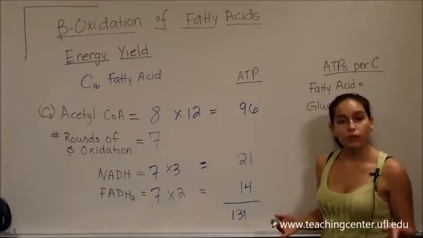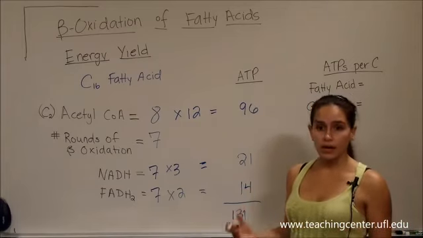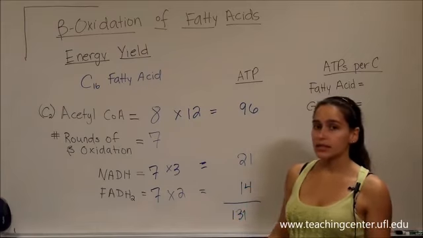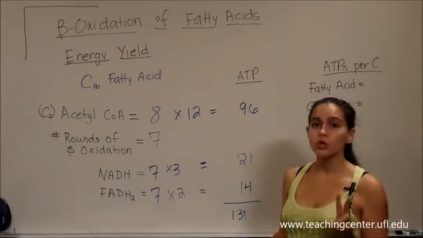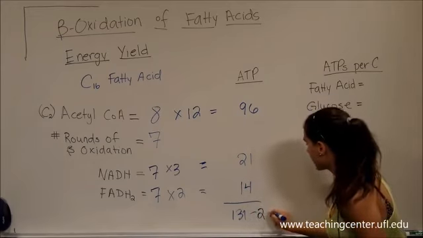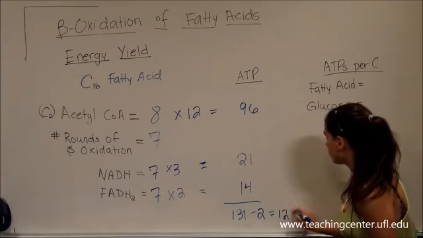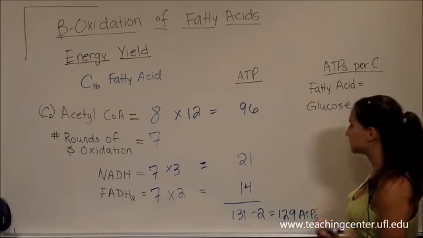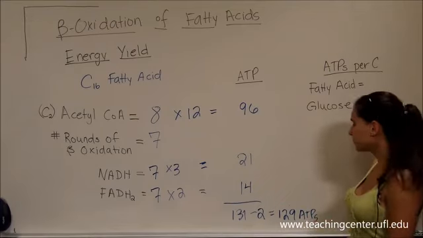But we recall from the first step of fatty acid oxidation, we activated that fatty acid and made it fatty acyl-CoA. We used 2 ATPs, right? So we have to subtract those. And then we're going to get a grand total of 129 ATPs for our 16-carbon fatty acid.